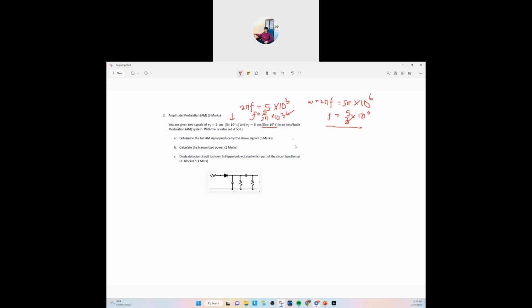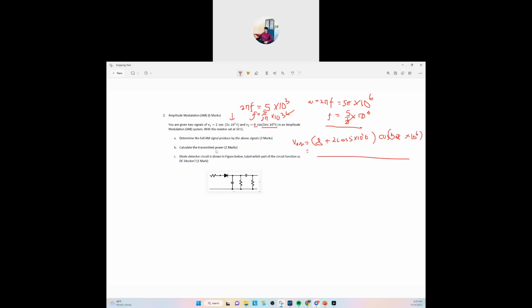So to determine the full AM signal, V AM equals EC, which is the carrier, so this is your EC, which is 8, plus the modulating signal, so it is 2 cos(5 times 10 to the power of 3 t), close bracket, and then cos omega c t, which is 5 pi times 10 to the power of 6 t. Then you expand them so that you will have the full AM signal.